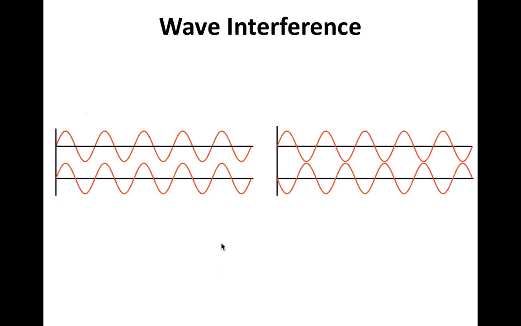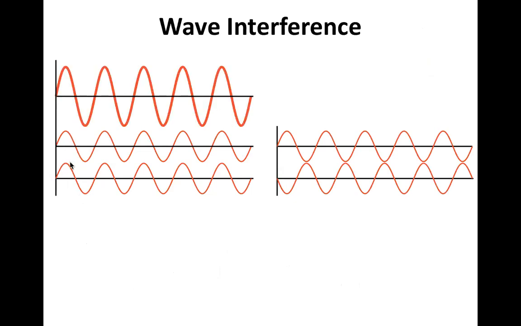If we have two separate waves taking up the same space, they can overlap. For example, if we have these two waves, notice that they are in phase, meaning that this one is not shifted compared to that one. The crests line up. When we play these two sounds together, the two sounds have the same frequency, which means pitch.